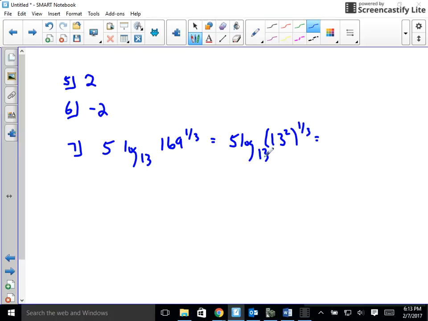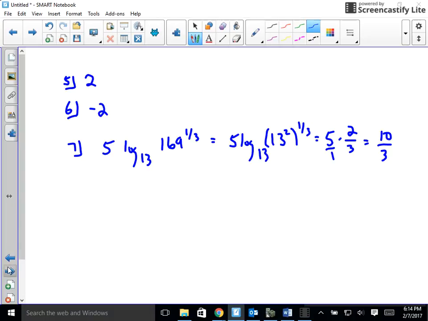So what happens is these two 13s, it's like they cancel out, and then we just go ahead and multiply the 2 and the 1/3, so we have 5 that's left over times 2/3. So I'm taking 5 times 2/3. Don't forget that's 5 over 1. I'm going to multiply straight across. 5 times 2 is 10. 1 times 3 is 3. So my answer there is 10/3.